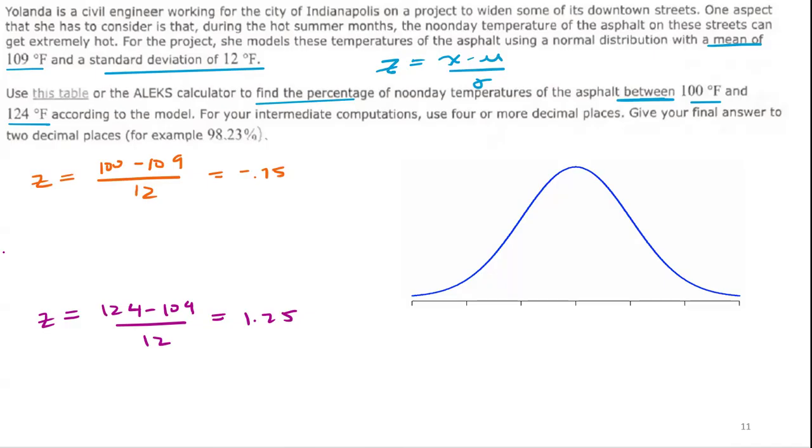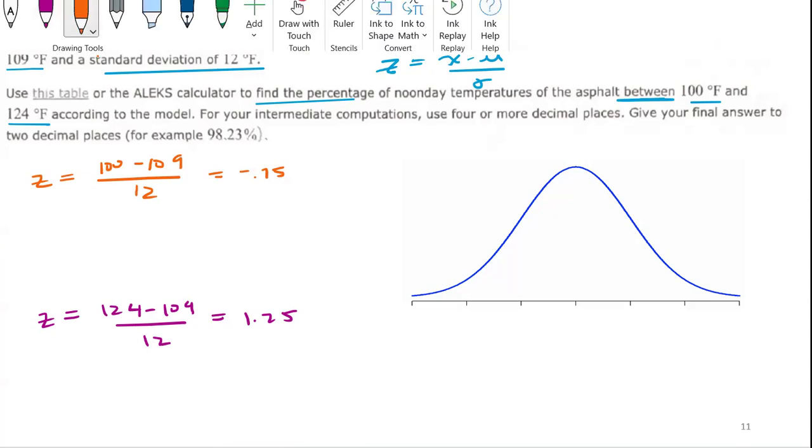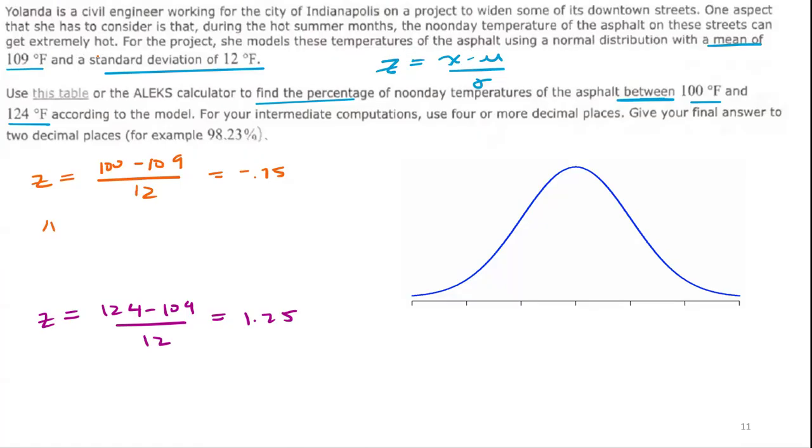Now what we need to do is find those areas. For negative 0.75, just to save us time, I already found it. I just looked at my Z table chart, and the area is 0.2266, or 22.66%.